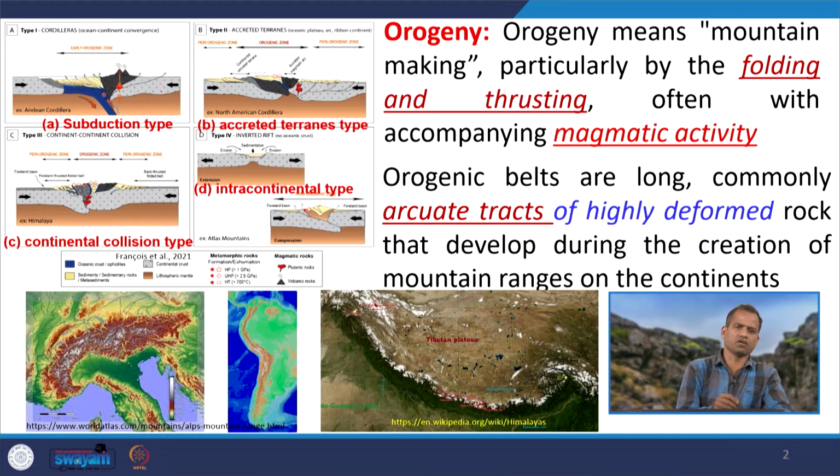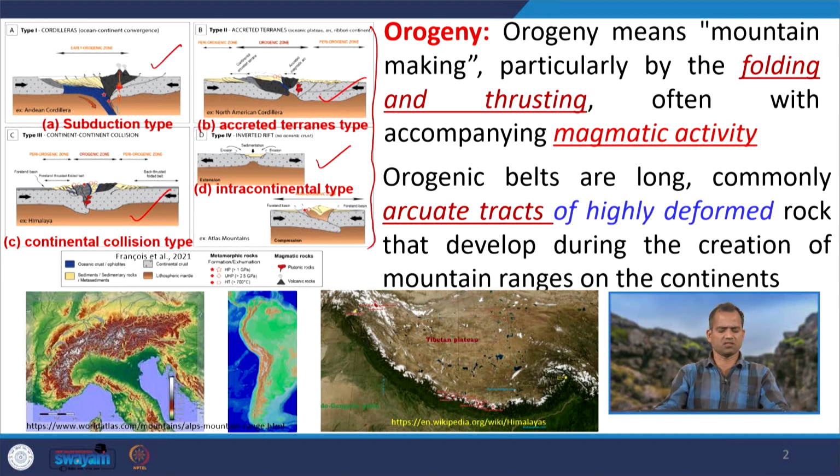Now if you see these four figures, we have a subduction type, another is accreted terrain type, the third is continental collision type, and interplate type. So, orogeny everywhere is related to these four types of tectonic activities.